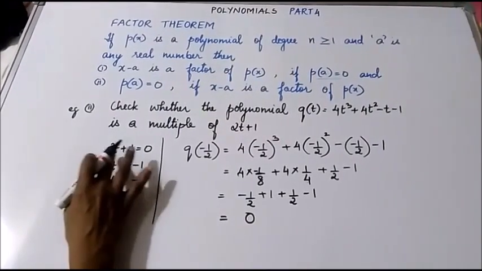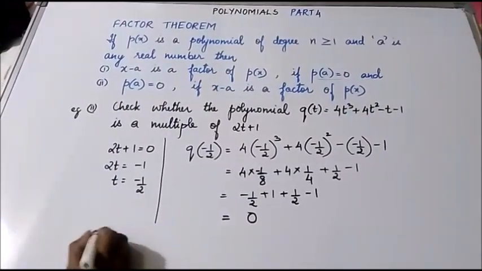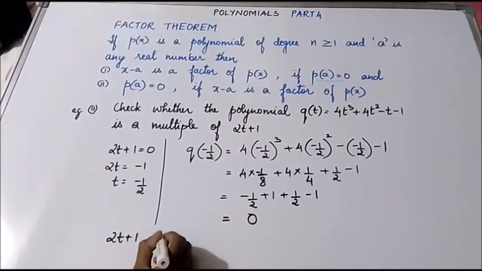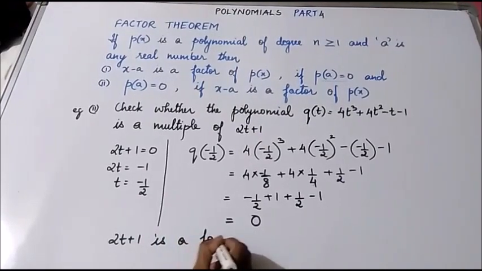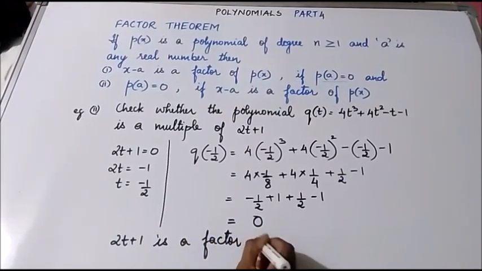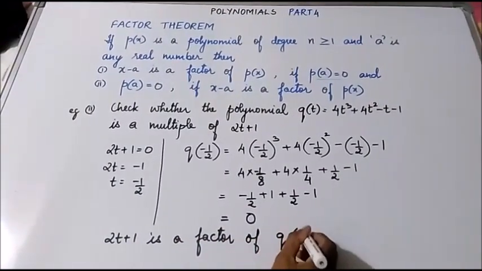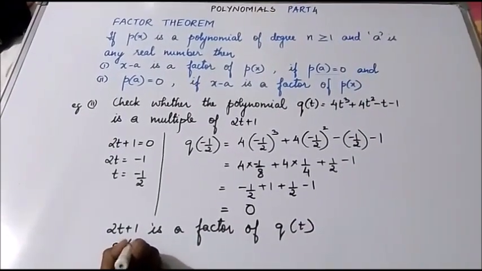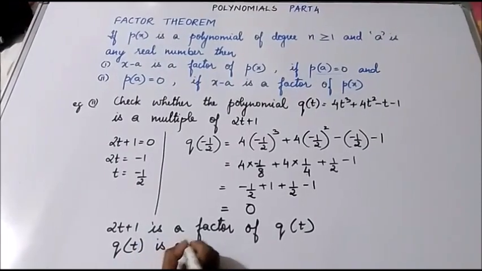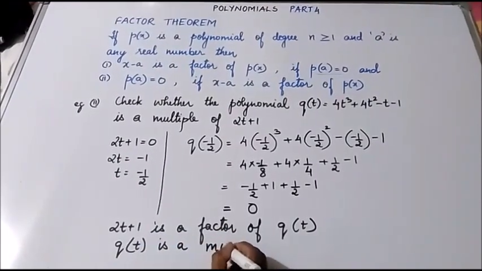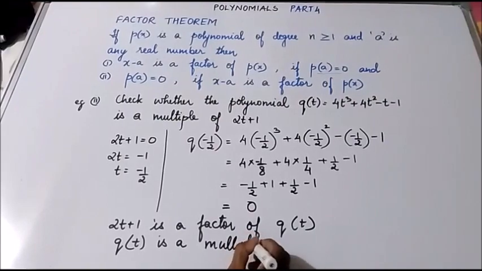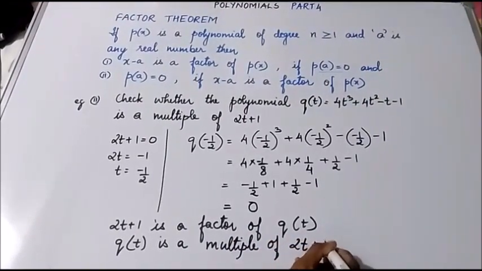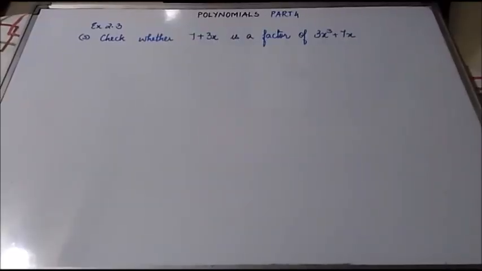That means, since the remainder is equal to 0, 2t plus 1 is a factor of q of t, or we can say q of t is a multiple of 2t plus 1.